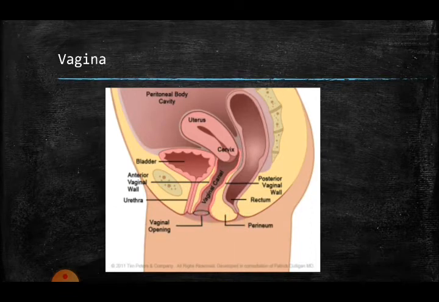So once again, we are trying to figure out the relations of all the pelvic structures that are lying within the pelvic cavity. We first took a sagittal section, and we looked at all the organs and saw their relations.